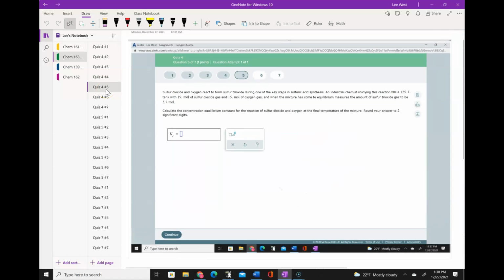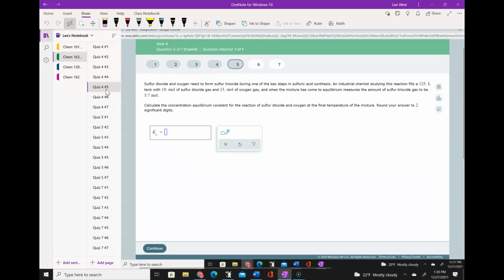Okay, this one is one where we don't have a balanced equation, so we're going to have to figure that out. It says sulfur dioxide, so SO2, and oxygen react, so just remember that it's O2, to form sulfur trioxide. Always want to be careful about not confusing your sulfur dioxide and your sulfur trioxide.